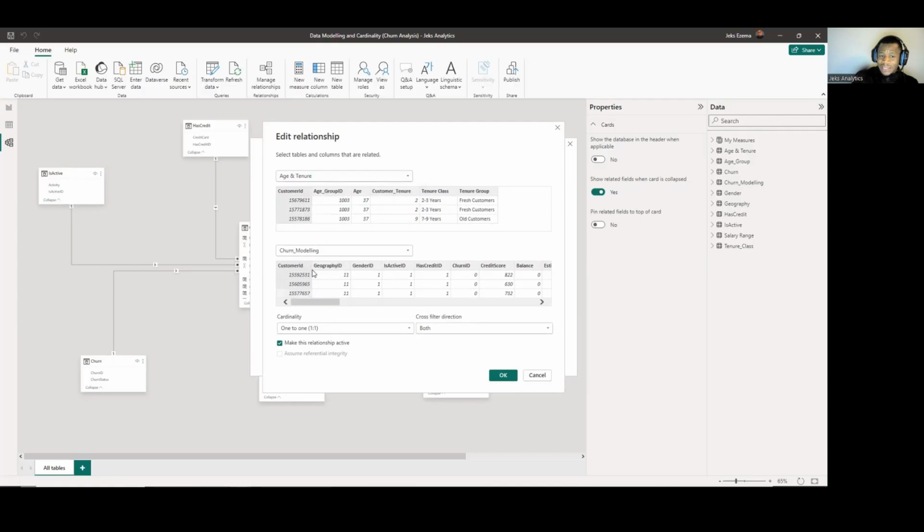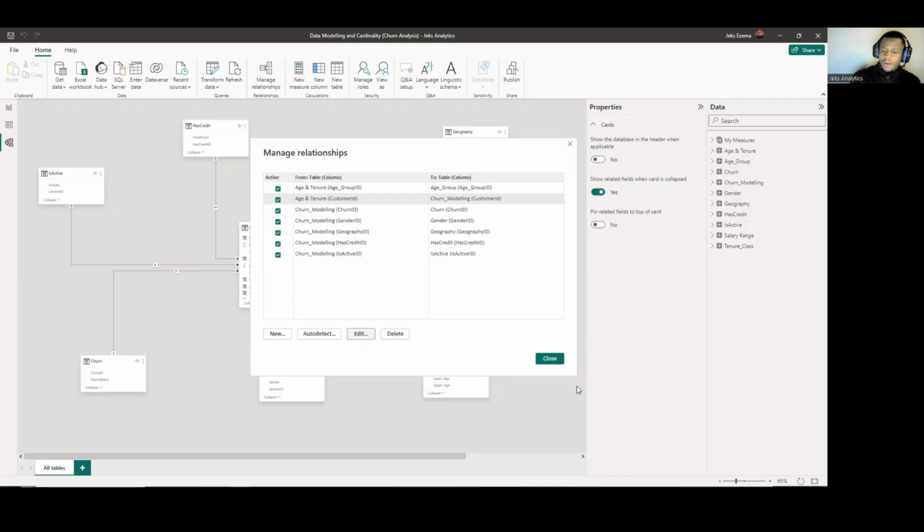But if I'm selecting this and selecting this, I can just say one to one. Do you know why I'm saying one to one? Because this customer ID is the same here, and they are unique to each of the rows. So it is one to one. That's the best cardinality, which I have explained over and over again. Automatically, because it's one to one, most one to one has to go with both directions.